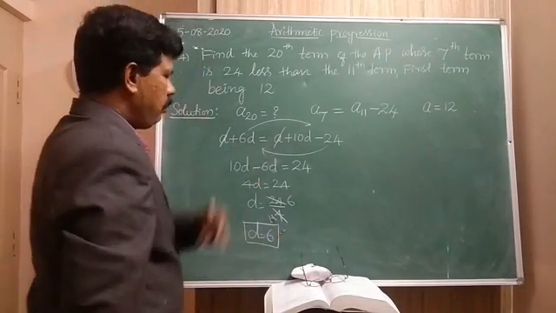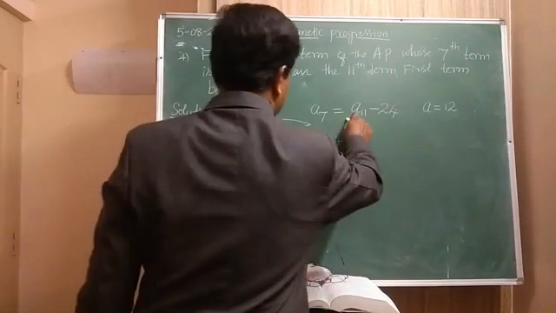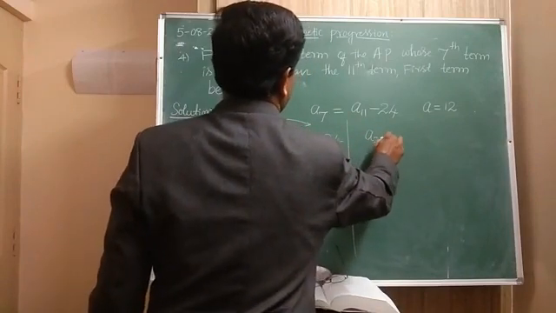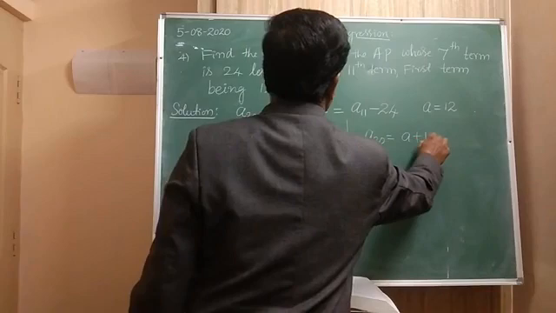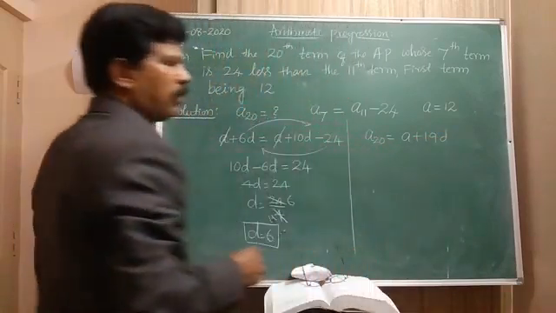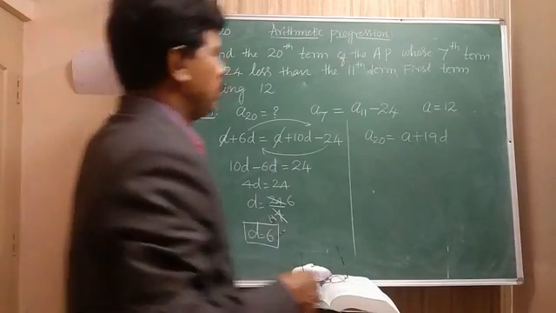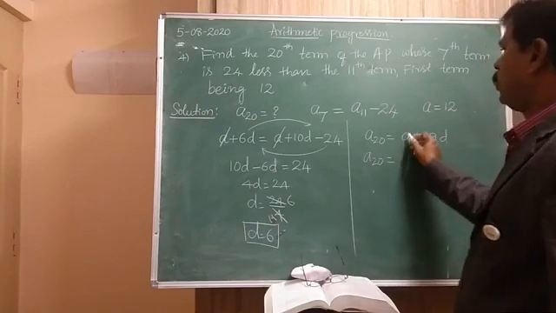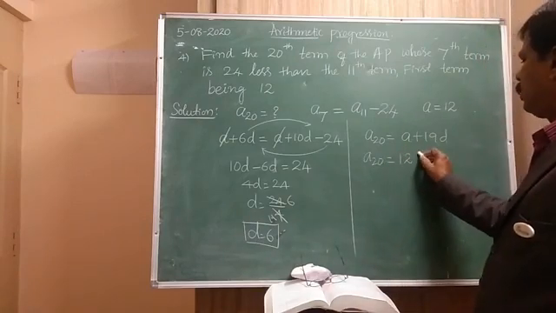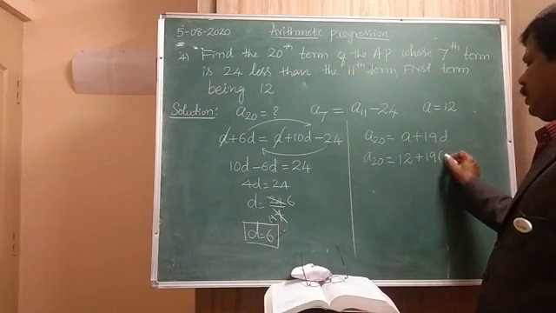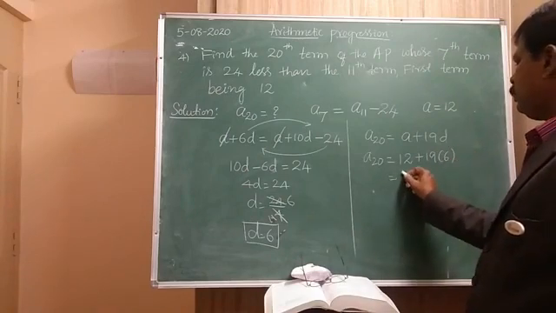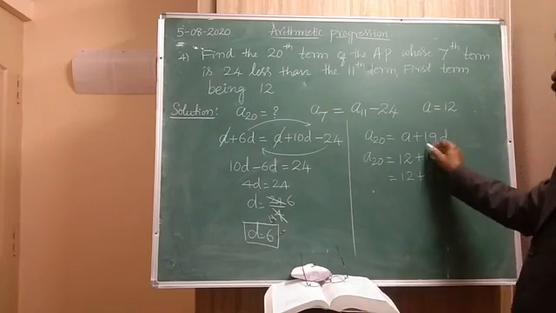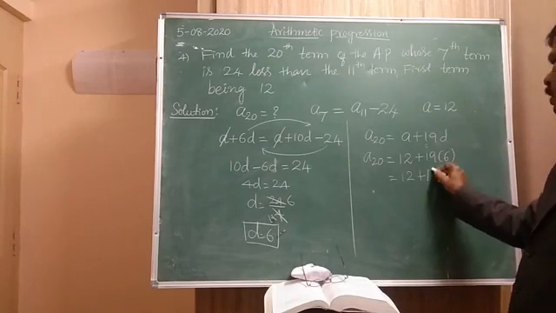Now A value we know and D also we know. Then what is A20? A20 is equal to A plus 19D. Very simple one. Is it right? Now A20 is equal to, A means first term is 12, plus 19 into 6. 9 sixes are 54, 5 sixes are 6 plus 5, 11.